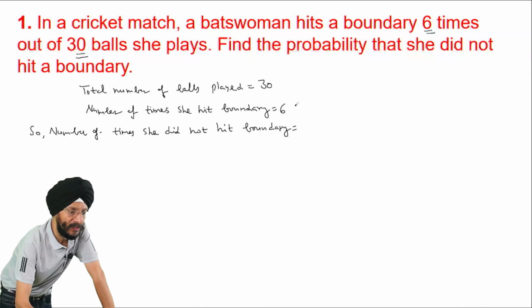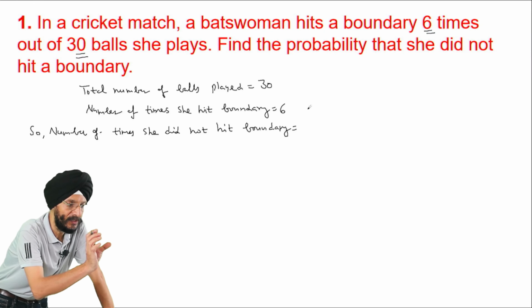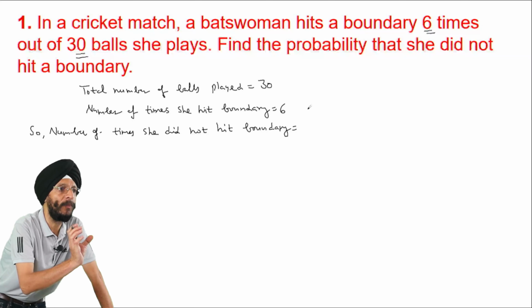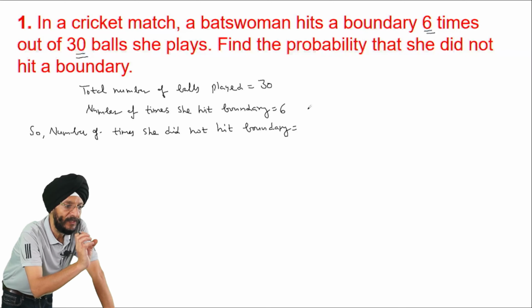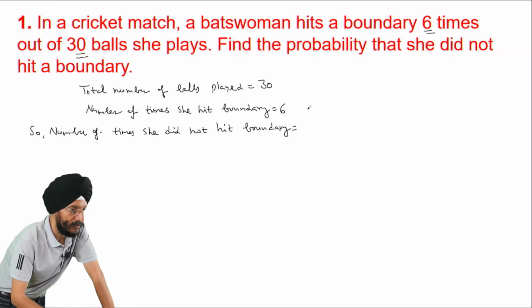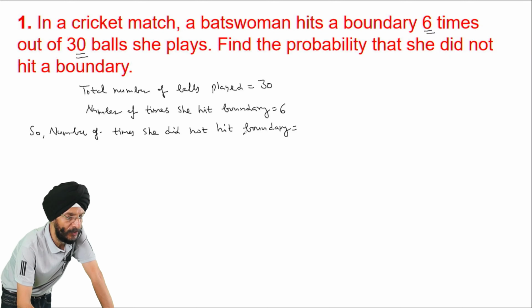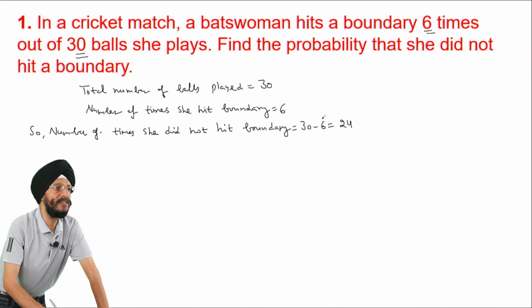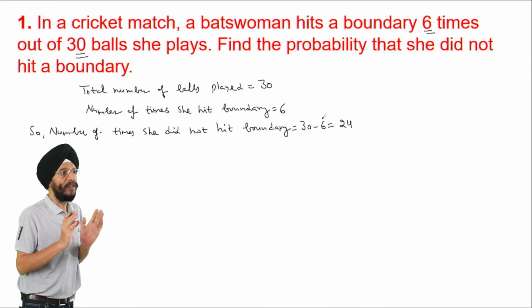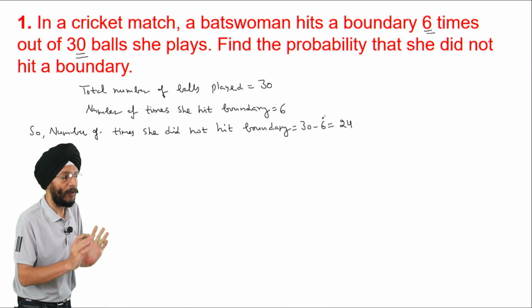It is 30 minus 6 because 30 are the total number of balls she played, and out of the 30 she has hit the boundary in 6 times. So the number of times she did not hit boundary is 30 minus 6 is equal to 24. That is, when she played 24 balls, she did not hit boundary.